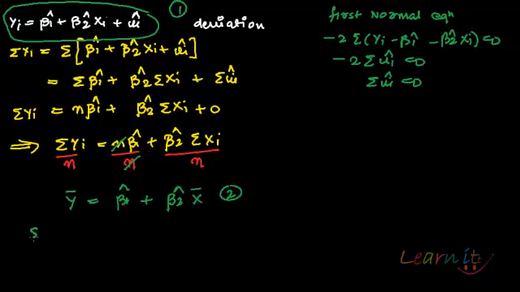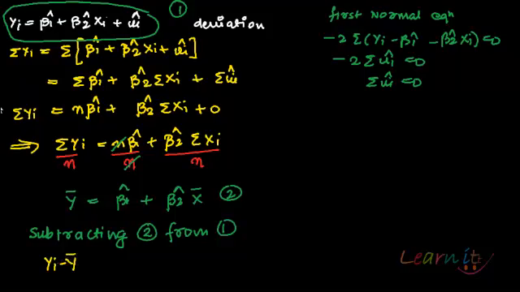So subtracting 2 from 1, you get yi minus y bar is equal to, and beta 1 hat will get cancelled out and you will have beta 2 hat into xi minus x bar plus ui hat. Clear?